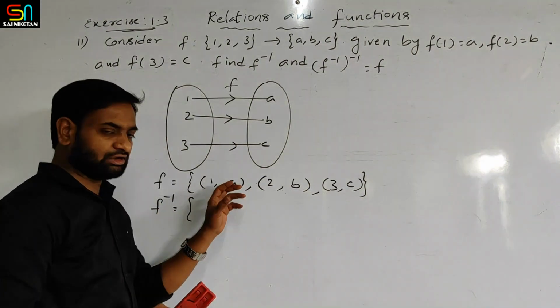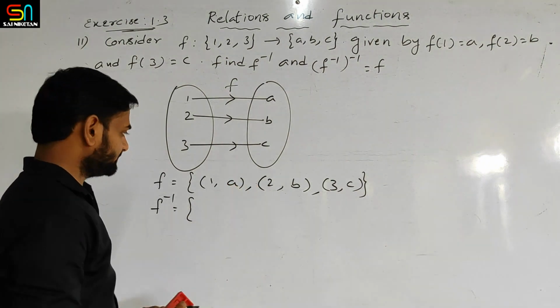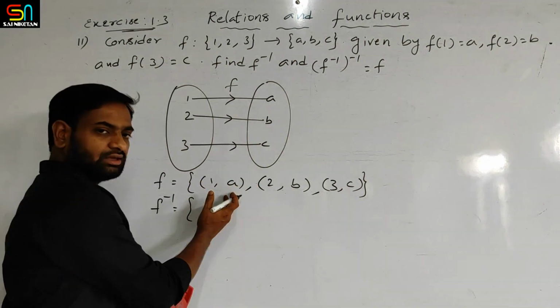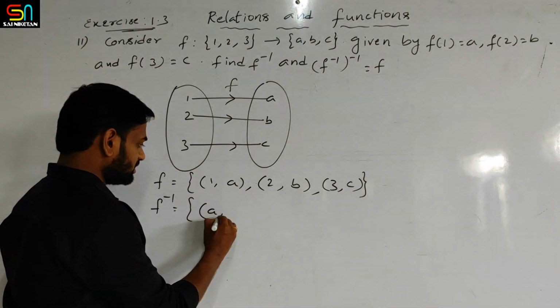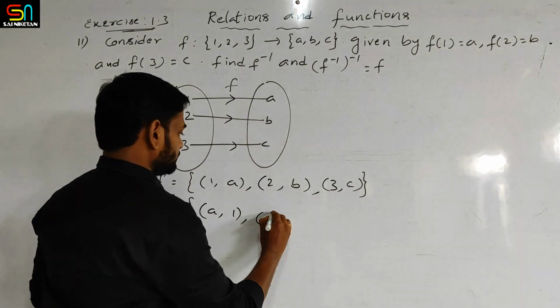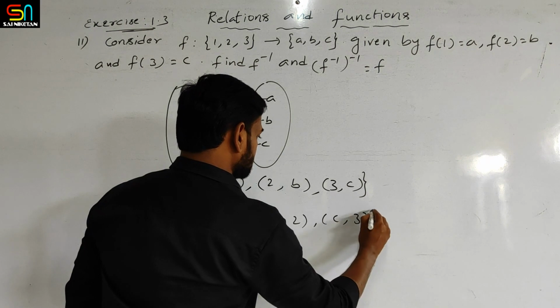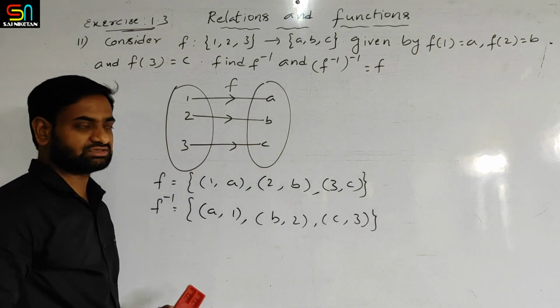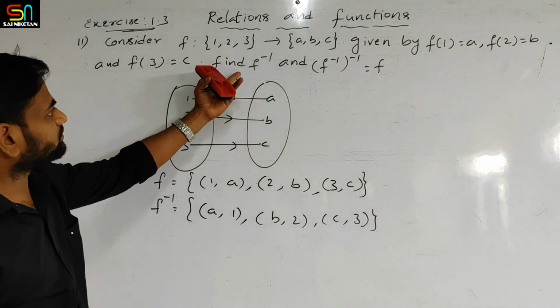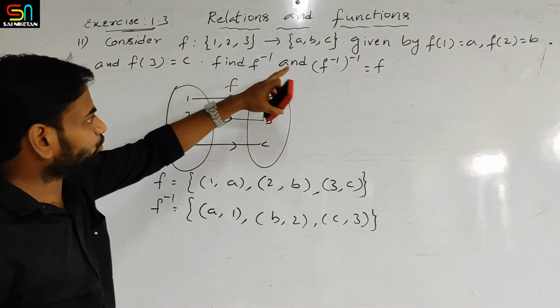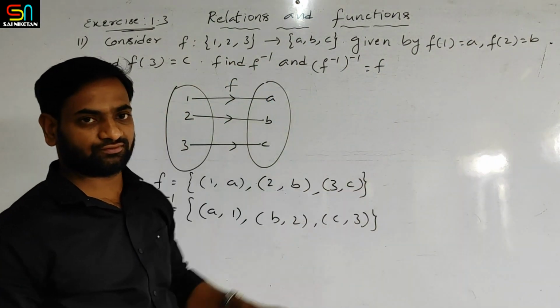These ordered pairs will be reversed. So (1, a) will be (a, 1), next (b, 2), next (c, 3). It is the f inverse. F inverse is complete. Next we have to prove (f inverse) inverse is f.